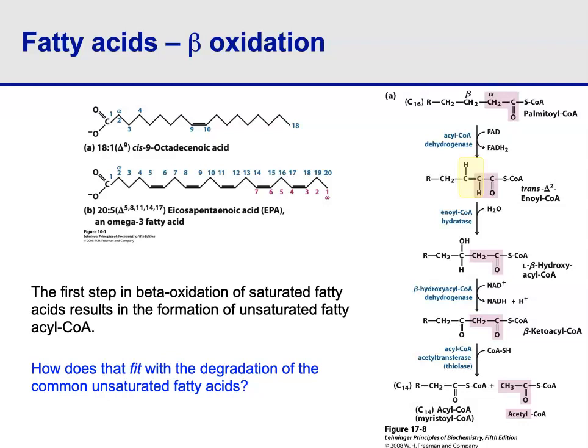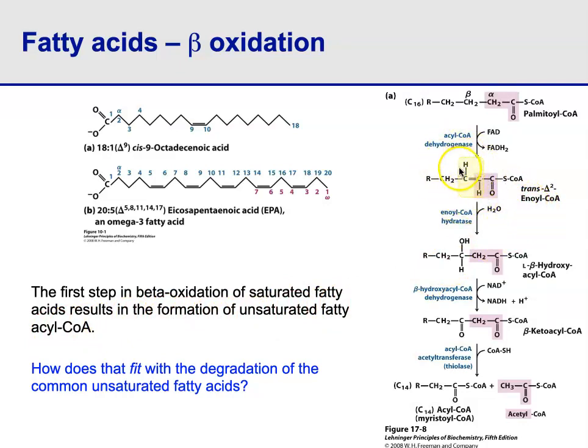Before we actually get into the details of the degradation of the unsaturated fatty acids, which could be mono or poly, I'm just showing examples here. I wanted you to think about this situation. And this really works well in class, but I hope you will appreciate that, even though we're doing it online. Well, the first step in beta oxidation of saturated fatty acids results in the formation of an unsaturated fatty acyl-CoA right here.